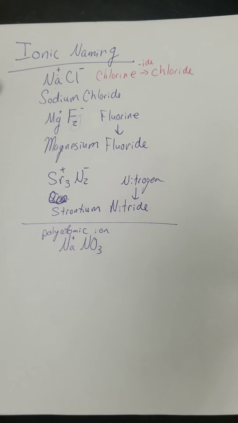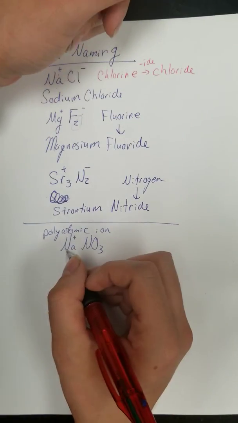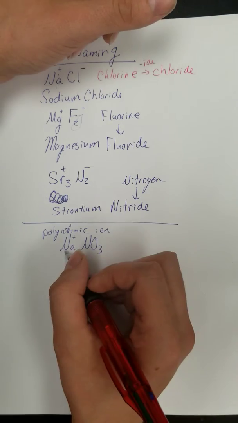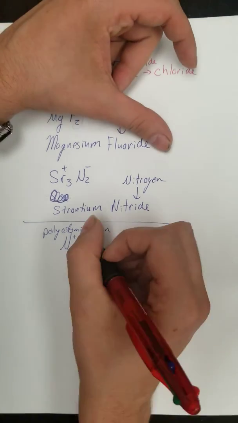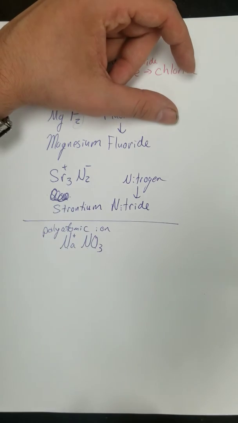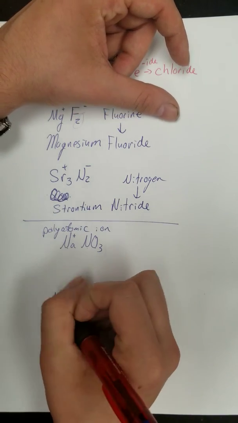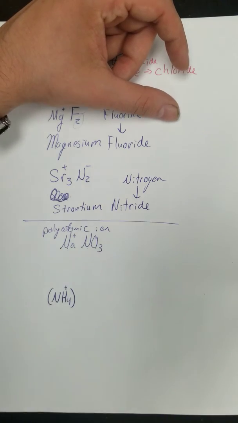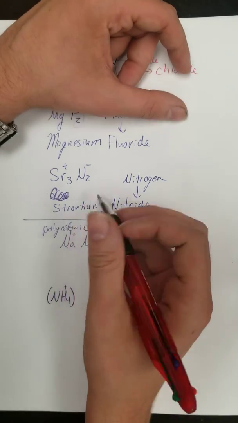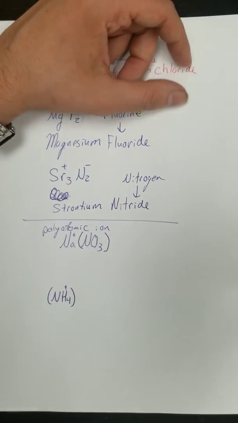The typical rule, at least for this class, is if you have more than two elements, so we have three, sodium, nitrogen, and oxygen, and the first element is not NH4, because that's one of our very few positive polyatomic ions, then everything after the first element is going to be your polyatomic.